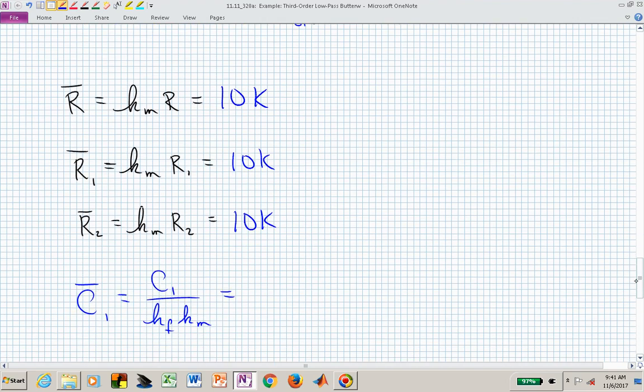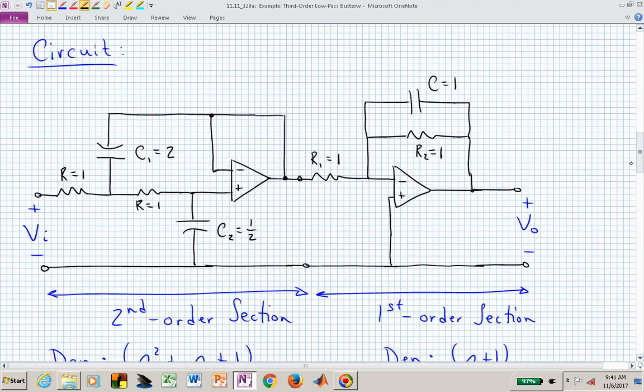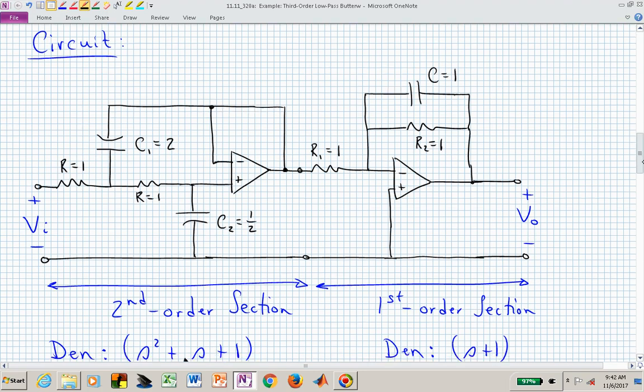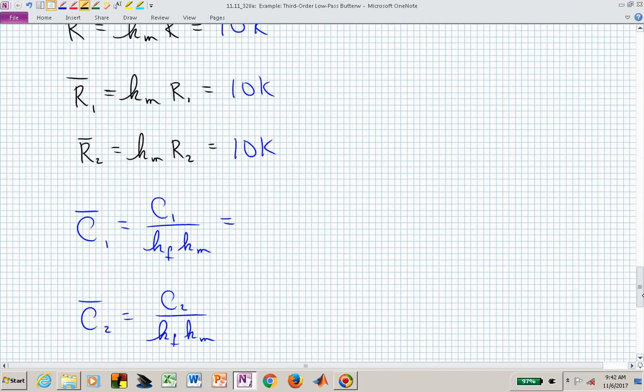The capacitors provide us with a little bit more detail. So C1, if we go back to this expression, C unsubscripted is in our first order section. C1 and C sub 2 are associated with our only second order section. C sub 1 started off as 2.